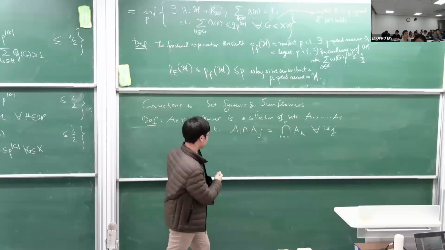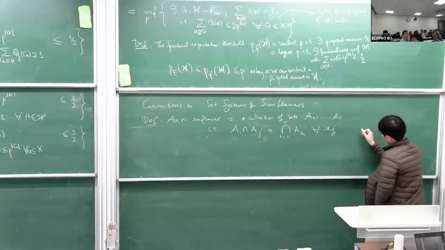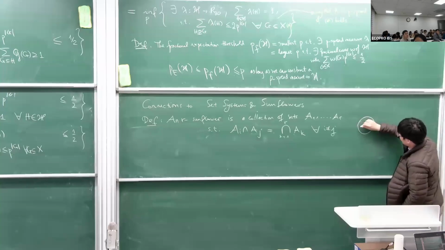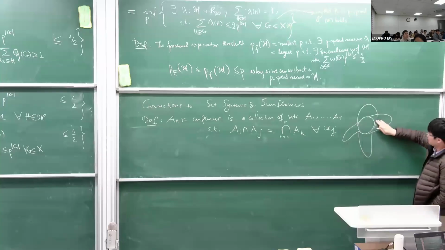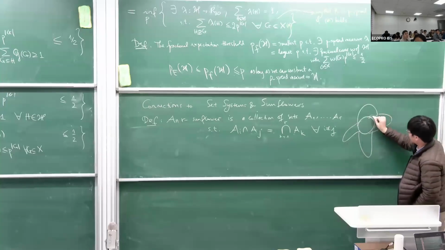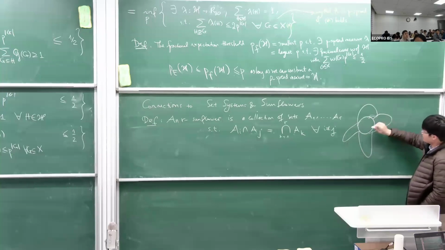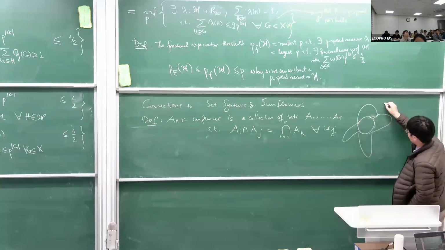So in a picture, a sunflower would look like this, where you have a bunch of sets, and apart from the common intersection, the rest of the sets have to be disjoint. So this is, for example, a picture of a four-sunflower.